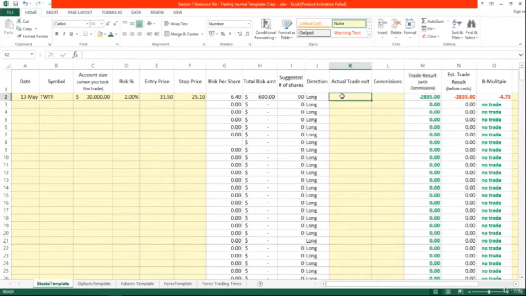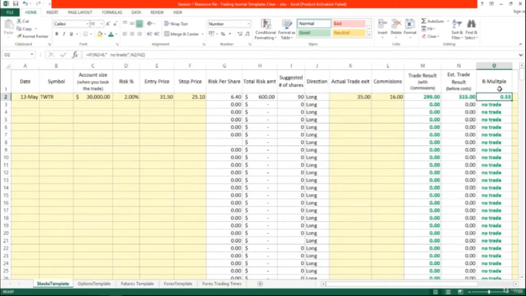When you took your actual trade exit, for example at 35, you have $315 in profits, and your commission would be $16. So you have $299 profit in this trade, 315 before the cost. And this is the R multiple.